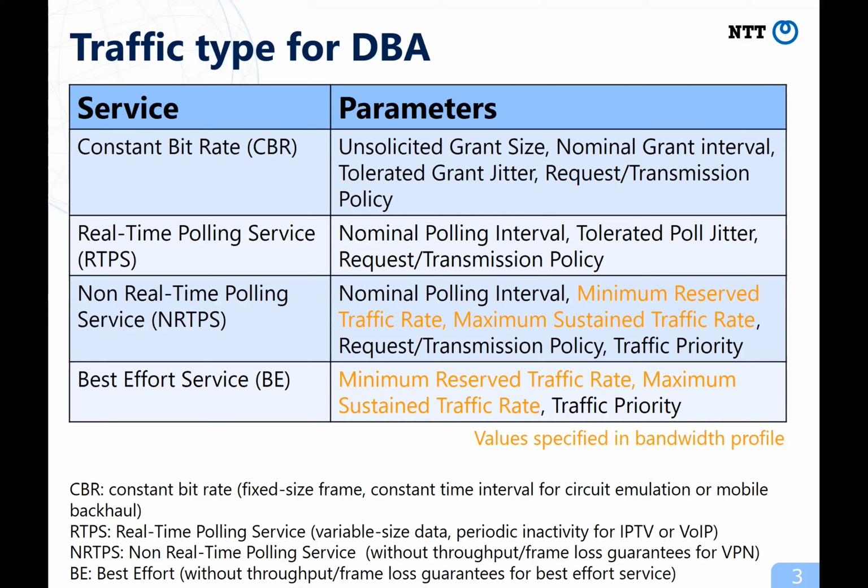Real-time polling service, which has a variable size frame and polling interval. Non-real-time polling service, which is a polling service without throughput guarantees. And best effort service, which specifies only throughput and traffic priority. We need to add these parameters to the EPON tech profile, except for values specified in the bandwidth profile side.